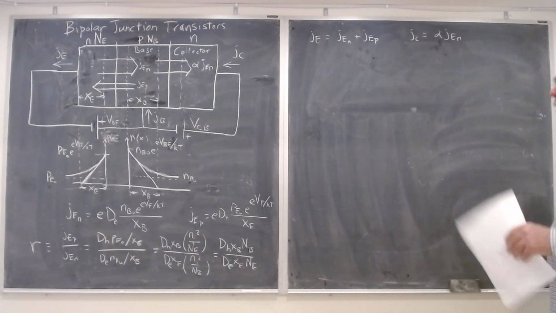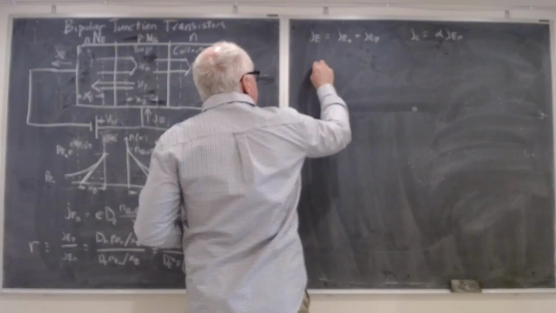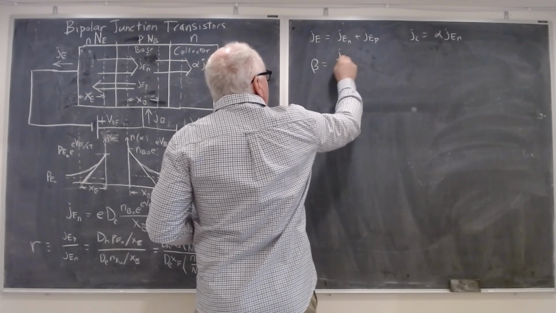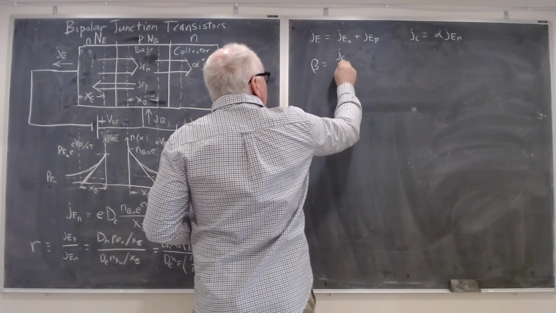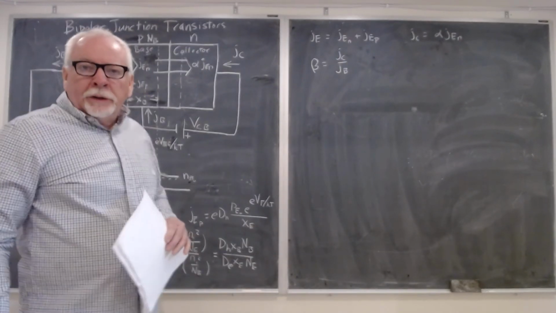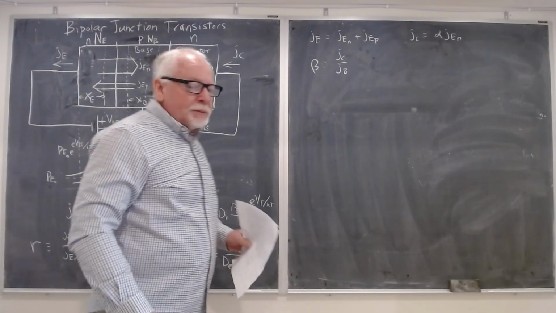All right, now, what we're most of the time interested in is beta, which is JC over JB. That's our current gain. I'll talk more about this in a little bit, but let's just proceed here.